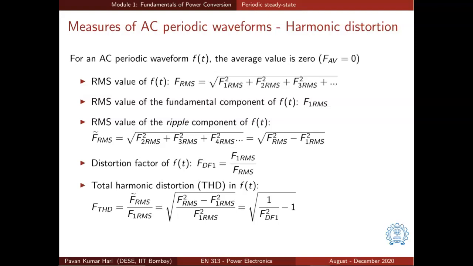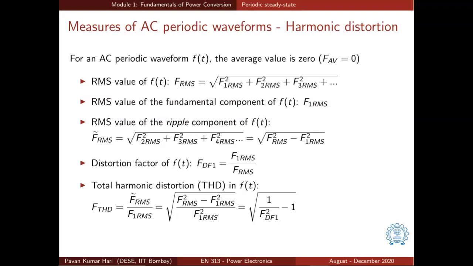So the ratio of the RMS value of the fundamental component to the total RMS value: how much is the fundamental component in comparison with the total RMS? That is defined as the distortion factor FDF1, which is equal to F1 RMS divided by F RMS.